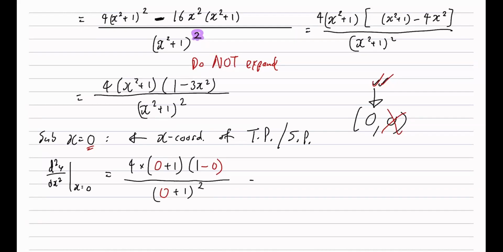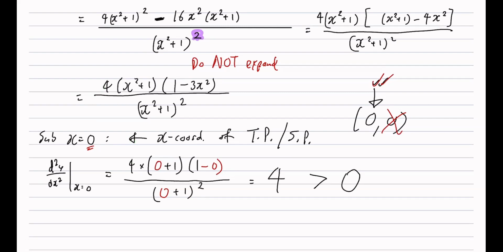What is this value? Tell me the value. 1 over 1? Huh? Wait, I mean 4. 4, which is more than 0.